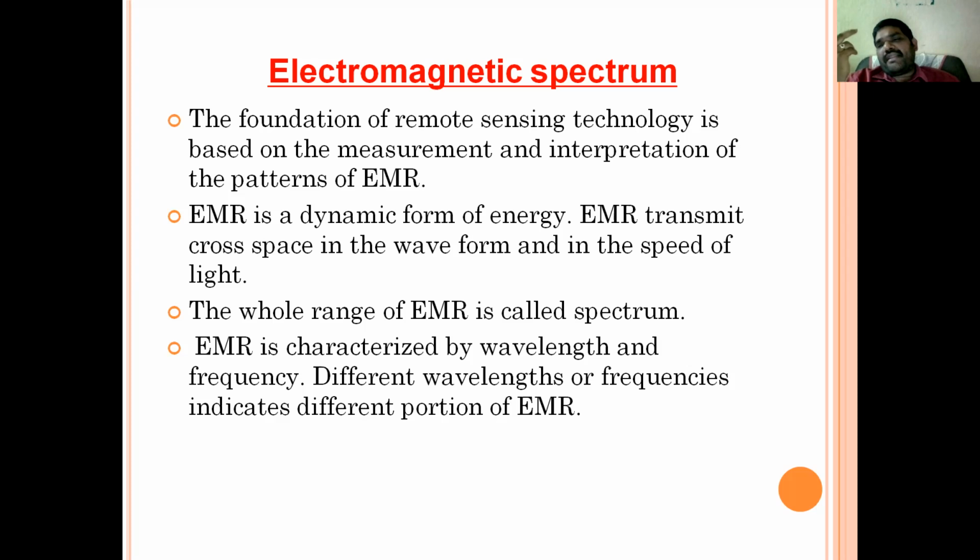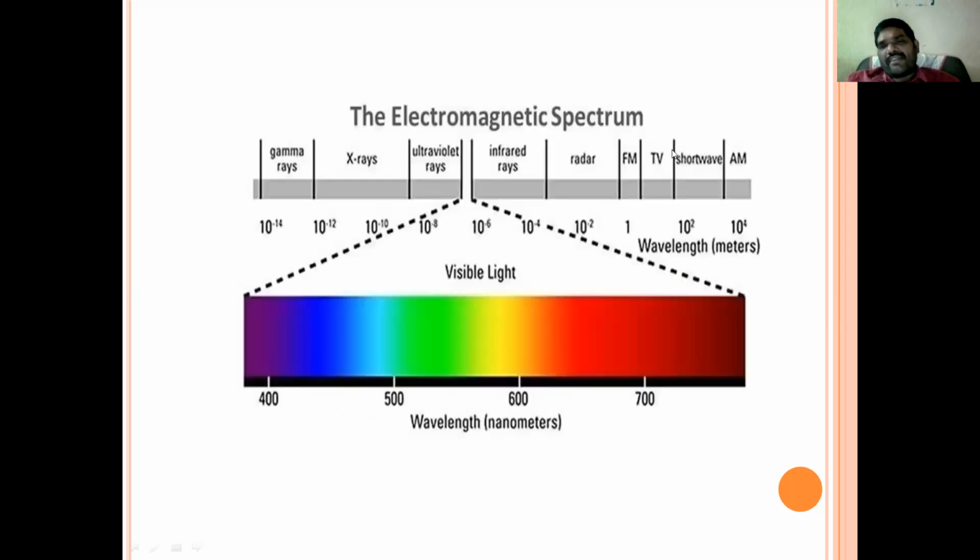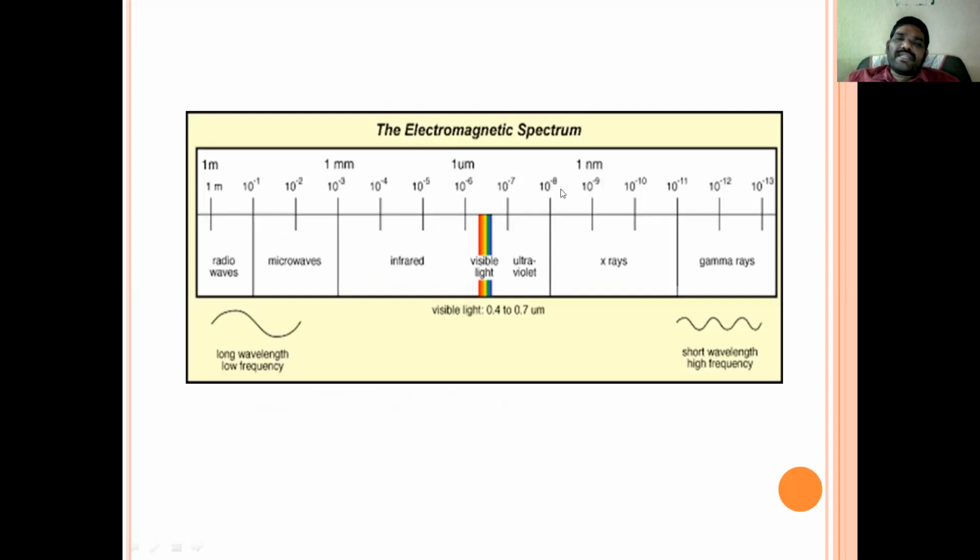So it became electromagnetic, and spectrum when all the waves and all the wavelengths of the electromagnetic radiation are laid out on a plane sheet with respect to their wavelengths, it constitutes a spectrum, where we can observe different types of bands. We can call one a shortwave band, we can call one a radar band, we can call one infrared rays. That means how it has been divided with respect to the wavelengths.